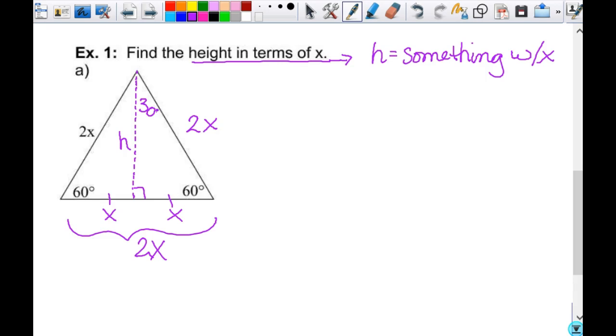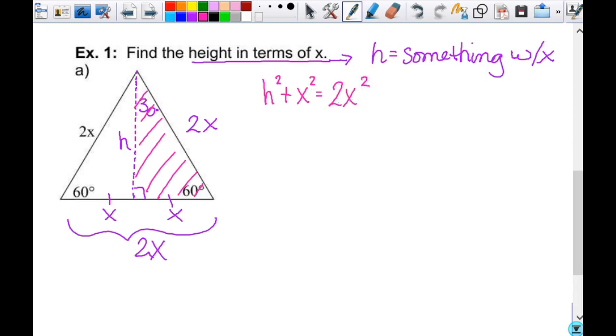Okay. So I'm looking for the height in terms of x. Well, starting off, I didn't have a right triangle, but now I have two of them. And so I can use just this right triangle right here. And I can put my information into the Pythagorean Theorem so that I can figure out what h is. Everybody with me? This is going to give me h squared plus x squared equals 2x squared.